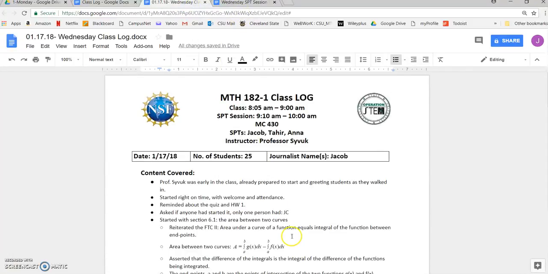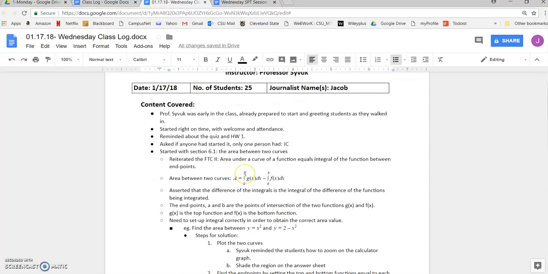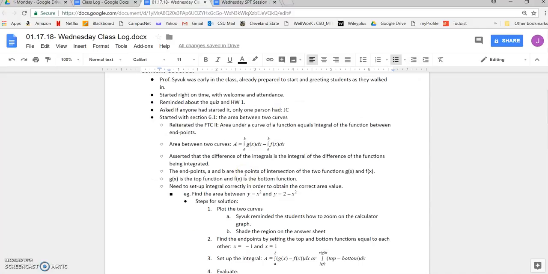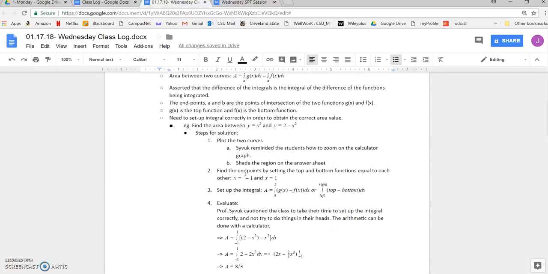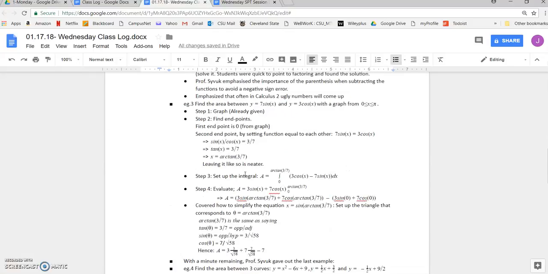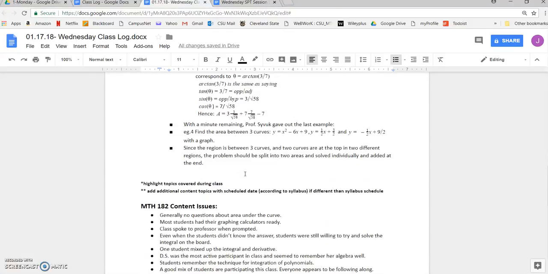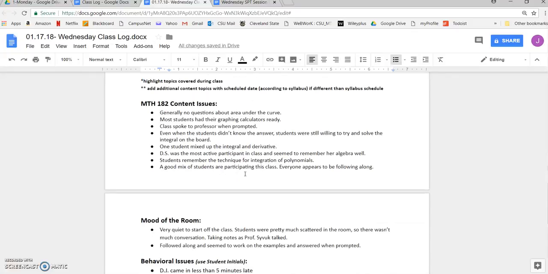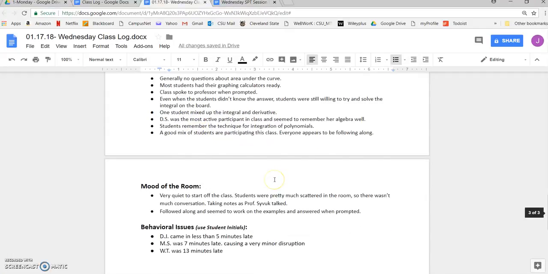A class log, when you are done with it, should look something like this, where everything in the content covered that the professor went over for the day will be neatly spanned out and easy to read. And then content issues, when somebody raised their hand and asked a question, or if nobody had any questions over any of the material.